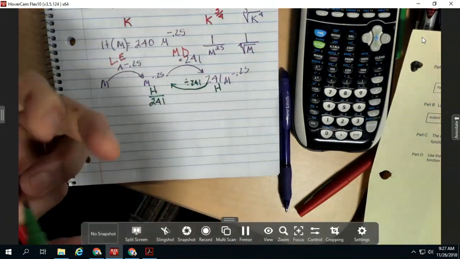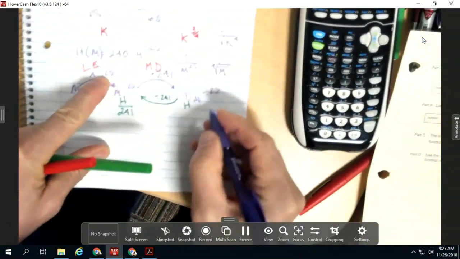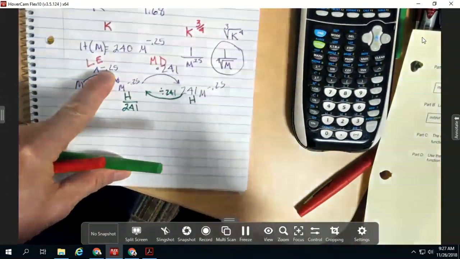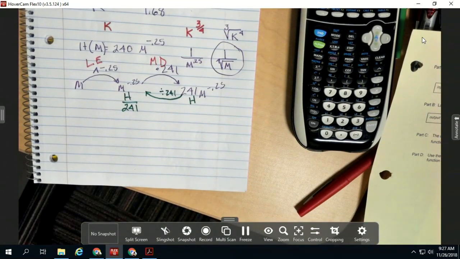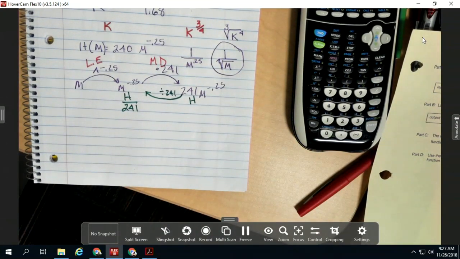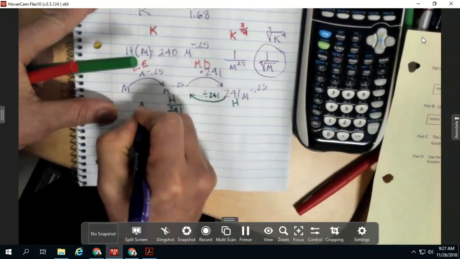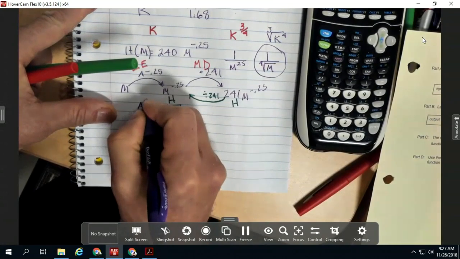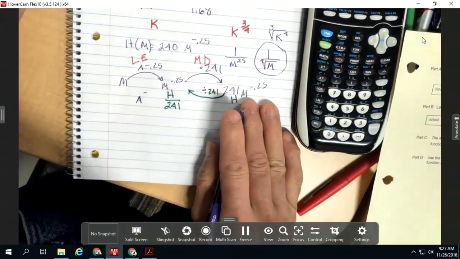Now be careful about what's the undo of to the negative 0.25. Remember, that's this right here. So it's going to be to the negative, still true because we're still going to be in the denominator.